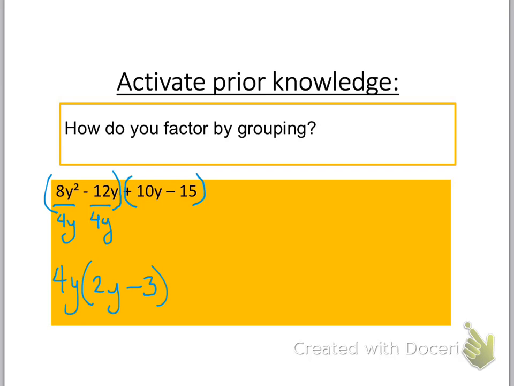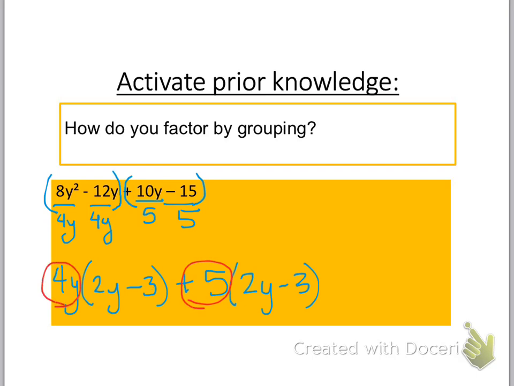In the second equation, I want to end up with 2y minus 3, so I want to factor out a 5. I factored out a positive 5, which gives me 2y minus 3.